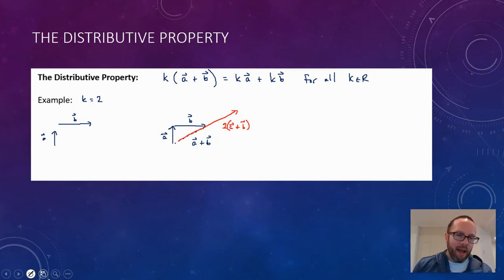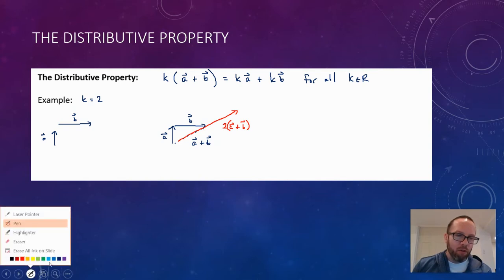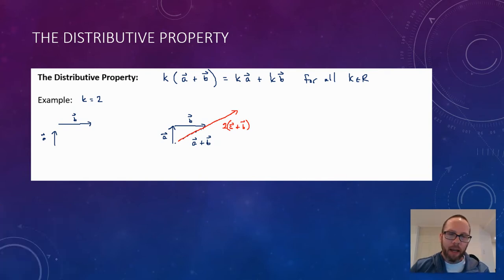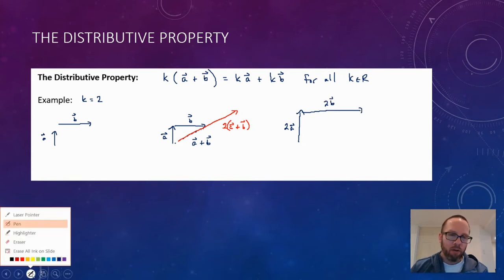Alternatively, you get the exact same vector as if you multiplied 2 by A and then 2 by vector B and added them together. So here I'm drawing 2 times vector A, twice as long pointing up. Here's 2 times vector B, twice as long pointing to the right. And then you can see we get the same vector.